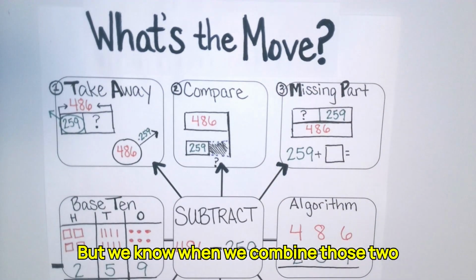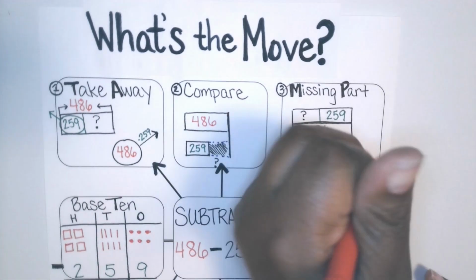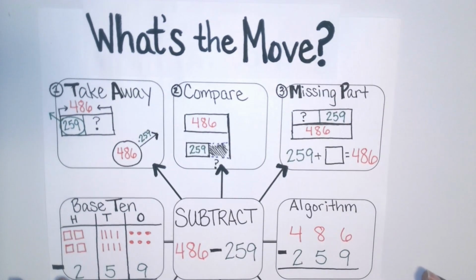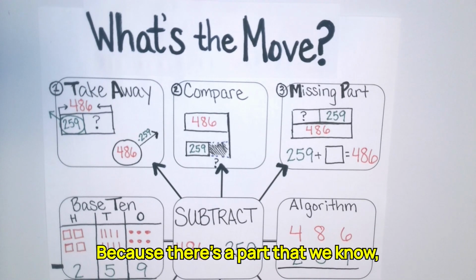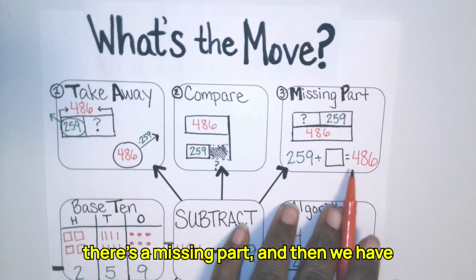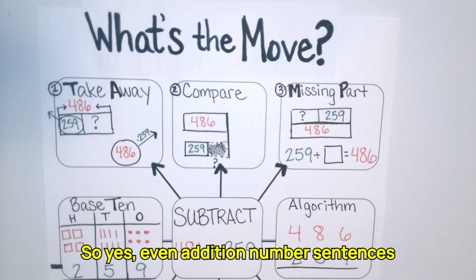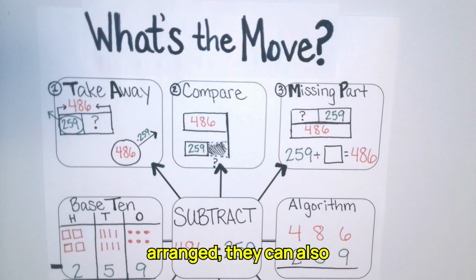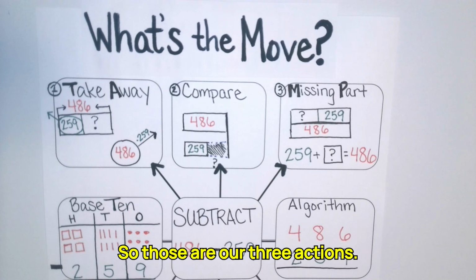But we know when we combine those two parts, we get our whole or our total of 486. Does this still represent the same picture? Yes, it does. Because there's a part that we know, there's a missing part, and then we have our whole or our total of 486. So yes, even addition number sentences, depending on how they are arranged, they can also represent subtraction problems. So those are our 3 actions.